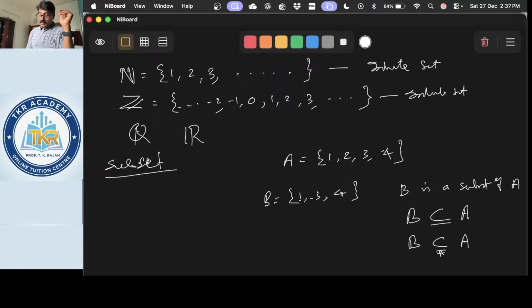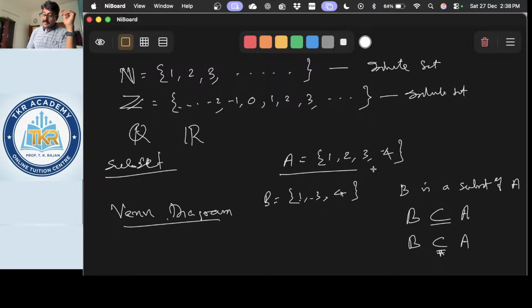A equal to set 1, 2, 3, 4, B equal to 1, 3, 4. Now, a set can be represented in many ways. You can represent sets diagrammatically. How do you represent these subsets diagrammatically? Let us see. Such a representation of sets in the form of figures is called a Venn diagram.